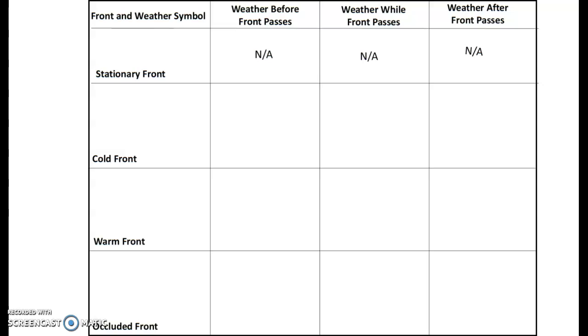Okay, so now we have this front and weather symbol sheet. A stationary front isn't going to have any weather before it passes, or while the front passes, or after the front passes, so we're just not going to put anything in those.